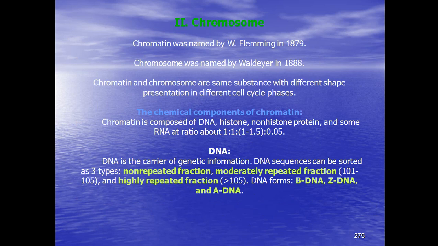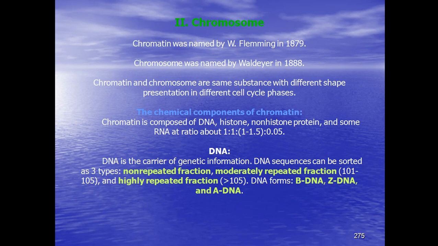The term chromatin was coined by Fleming in 1879. Then the term chromosome was coined by Waldeyer in 1888. Now the question is, what is the difference between chromatin and chromosome?